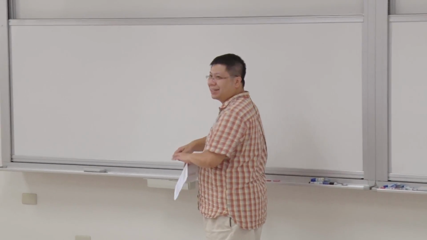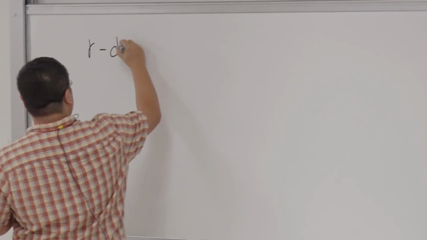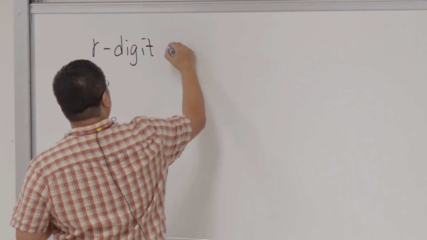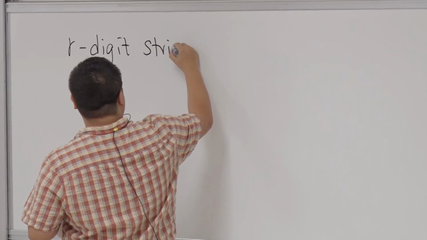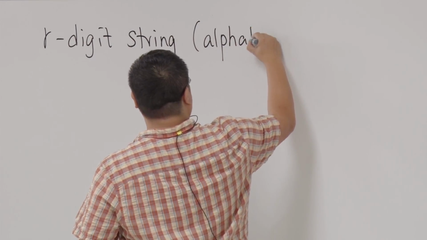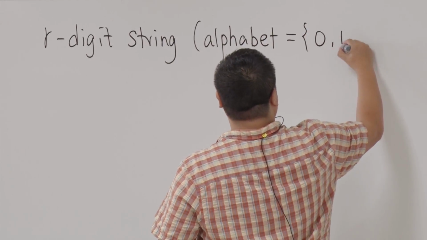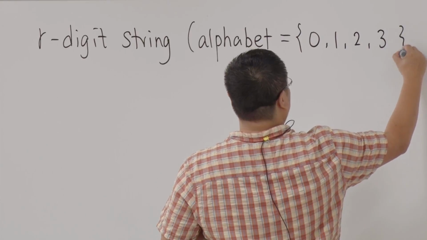Okay, so let's try to do this problem. We want to have our digit string, and this string will have alphabet, let's say 0, 1, 2, 3.